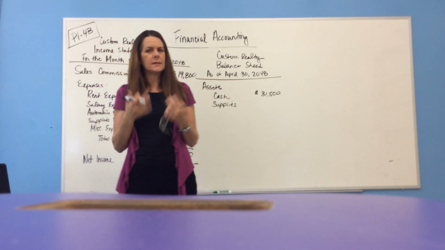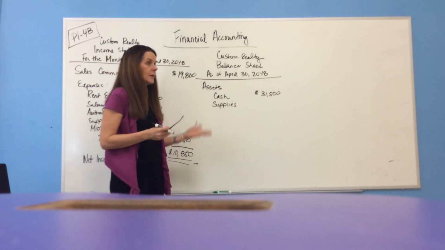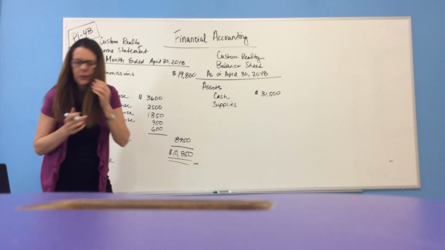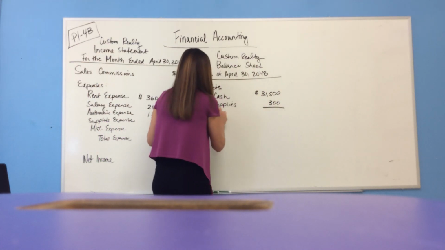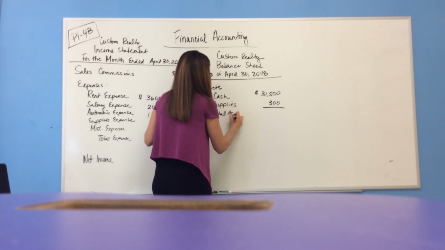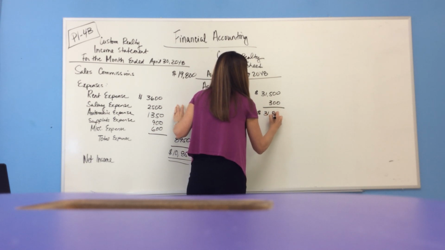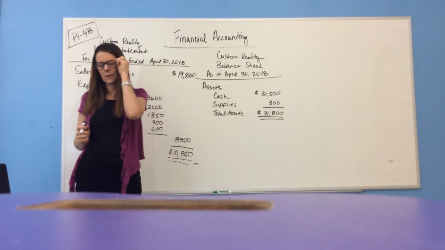So in a smaller company that doesn't own any big pieces of equipment or land or building, it could likely be just cash and supplies. So our total assets is going to be, just adding this up, $31,800. We'll write total assets, and we will double underline that. I'm not sure what the computer does, but you would double underline it.